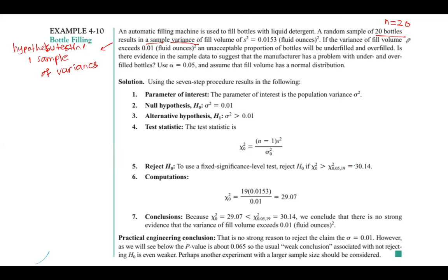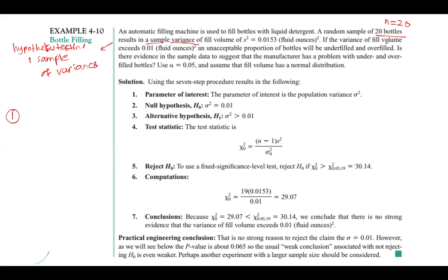If the variance of fill volume exceeds 0.01 fluid ounces squared, an unacceptable proportion of bottles will be underfilled or overfilled. Okay, so here we have the first claim.